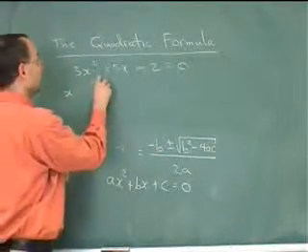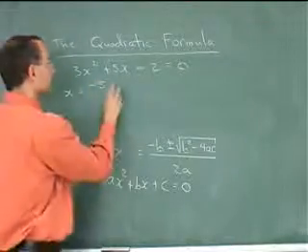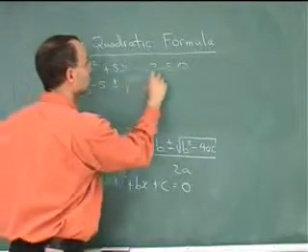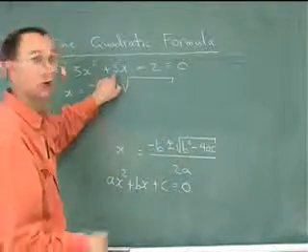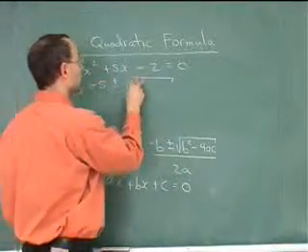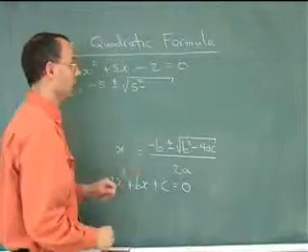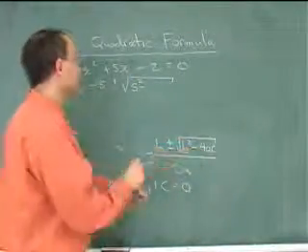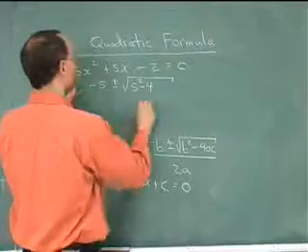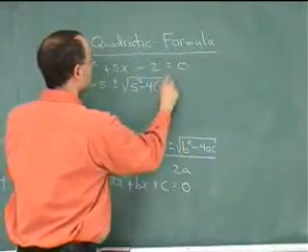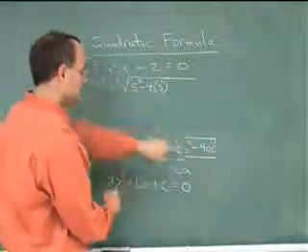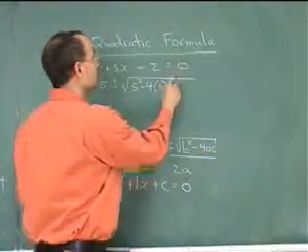So negative b would be negative 5 plus or minus the square root of b squared. b is 5, so 5 squared is what we're going to put in there, minus 4 times a, a is 3, and times c. c is negative 2.